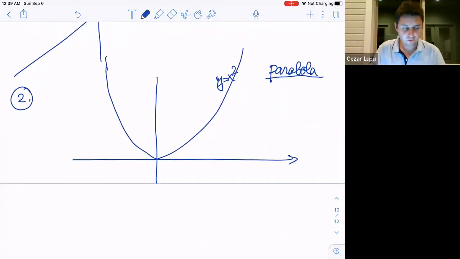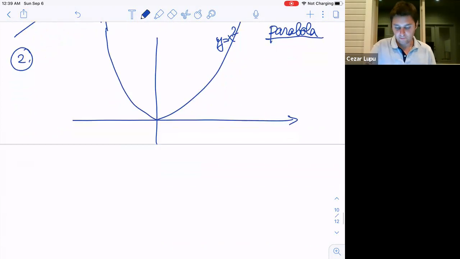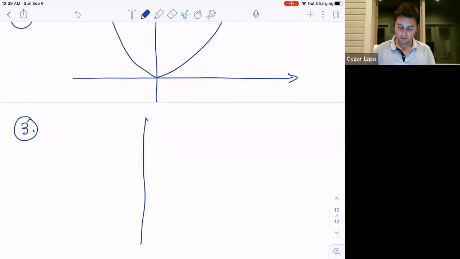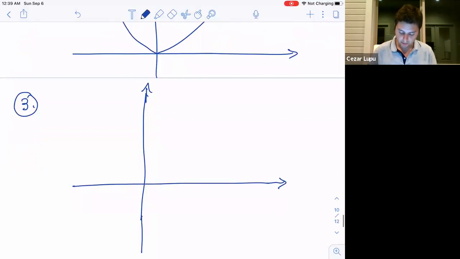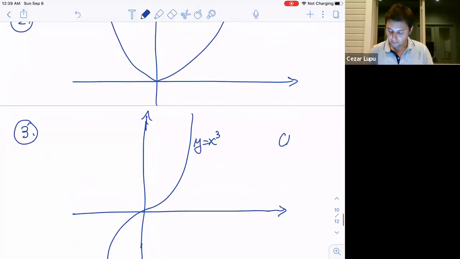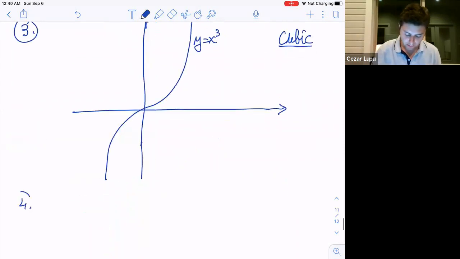Now if we want to graph a cubic function, the simplest cubic function, y equals x cubed, it will be something like this. So this is the cubic. Anyway, and so on. We can draw the absolute value if you want. Okay, let's draw that as well.